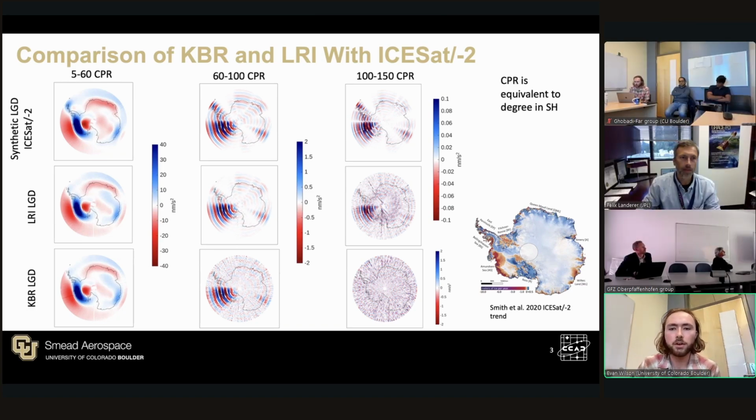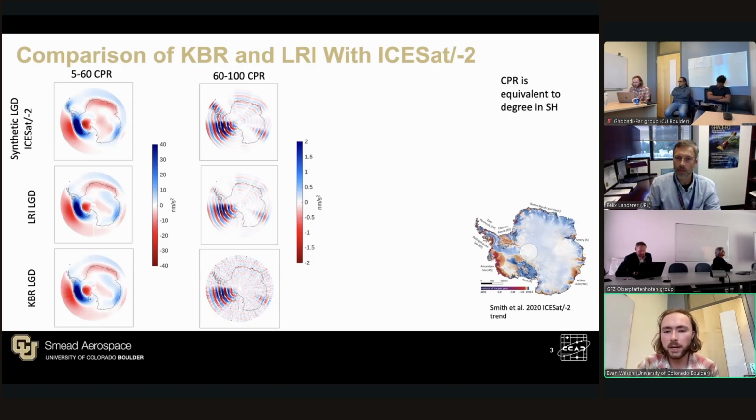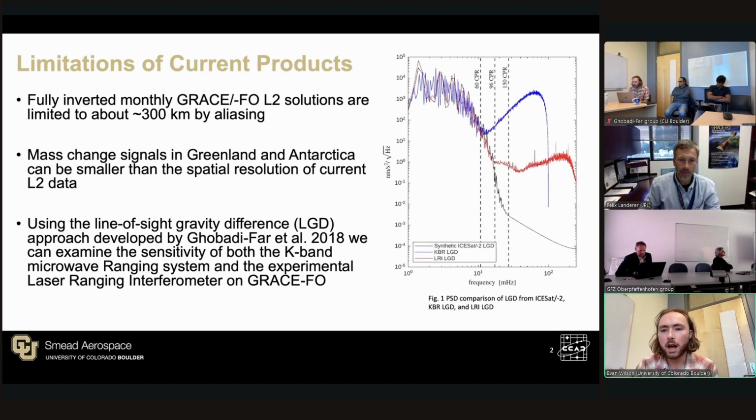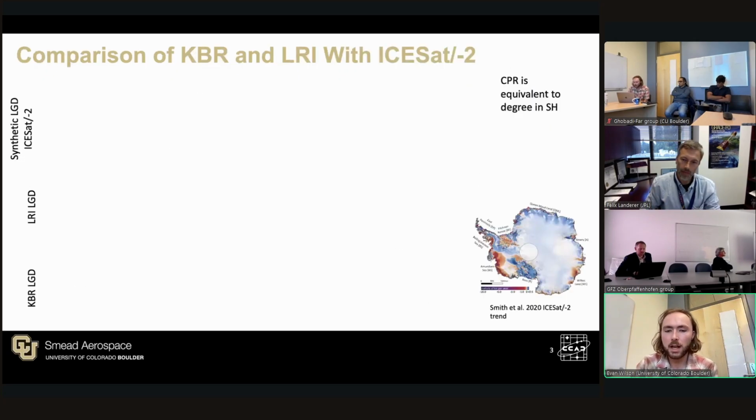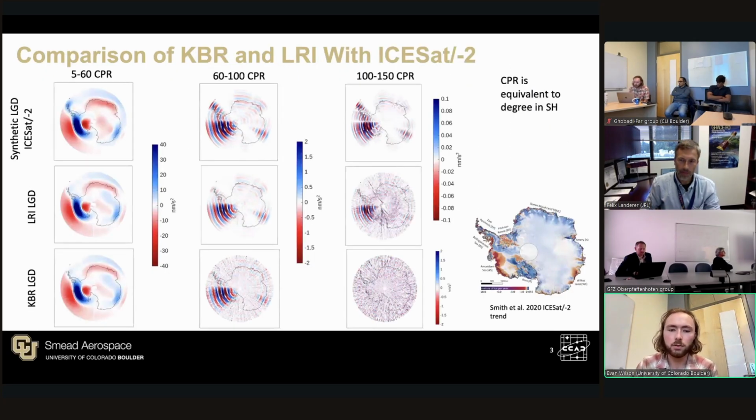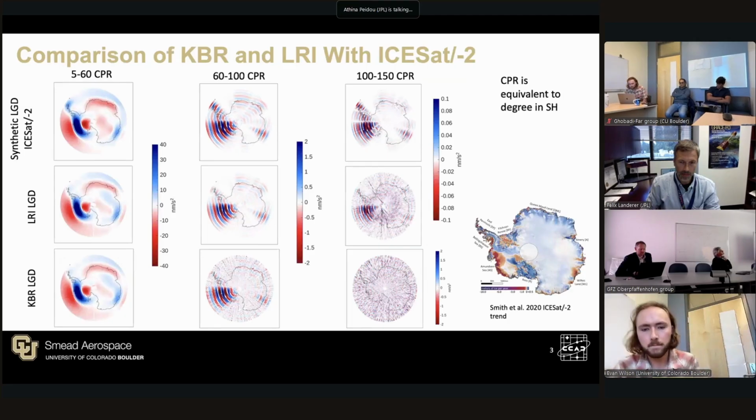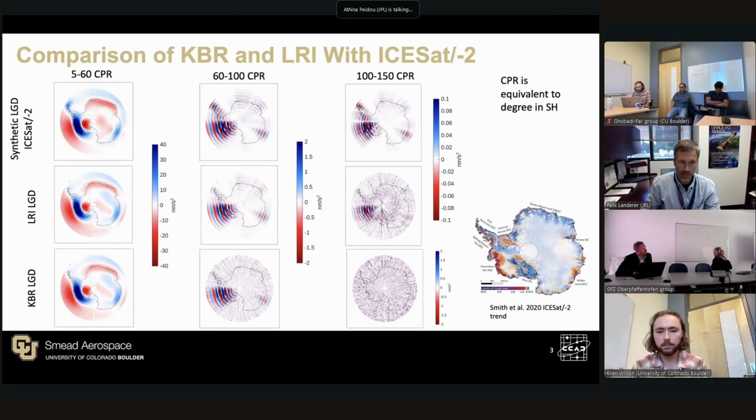And certainly in the 100 to 150 CPR band, the PSD is very clear that the signals are larger than the actual gravity, so it's not decreasing in the PSD like we'd expect for any gravity signal. So my conclusion is that KBR is really not sensitive to mass changes beyond around 85 CPR, which is pretty much in agreement with what we published a few years ago at JPL. It goes up to 95 CPR.